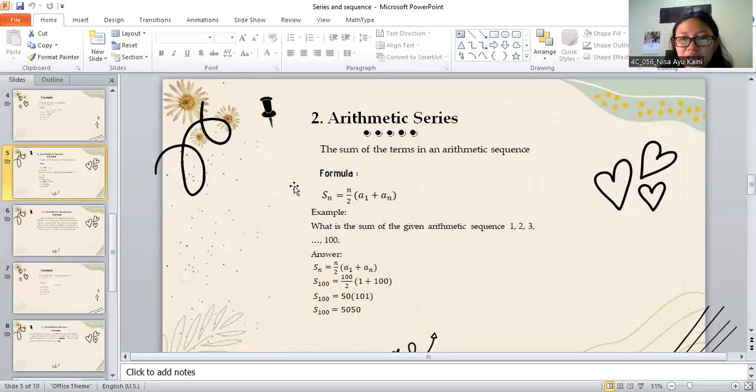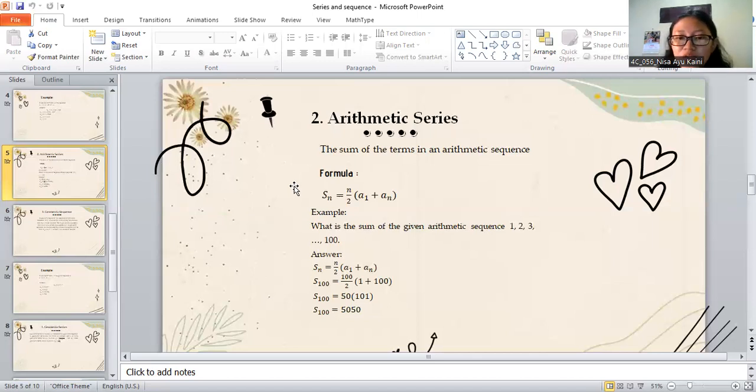Let's take an example in solving an arithmetic series. Find the sum of the given arithmetic sequence 1, 2, 3, and so on until 100.